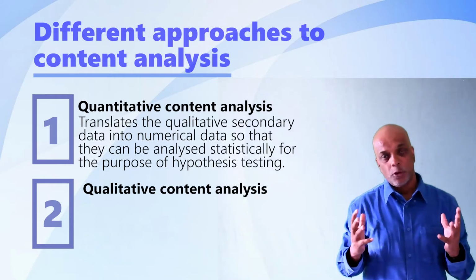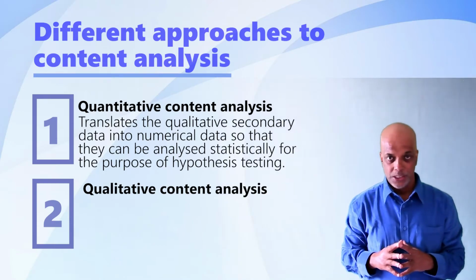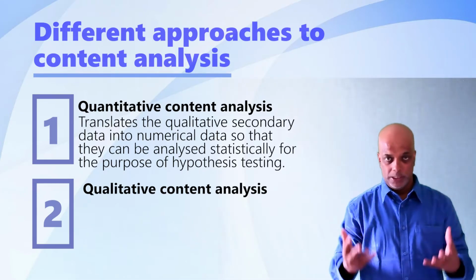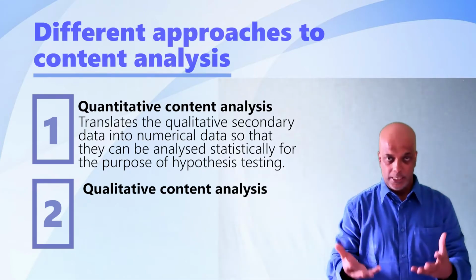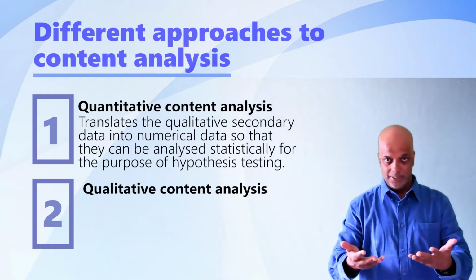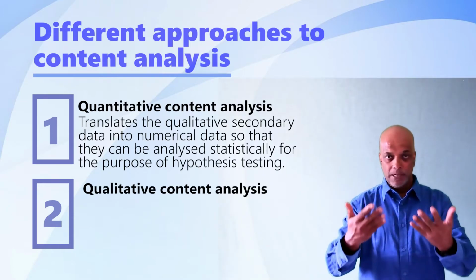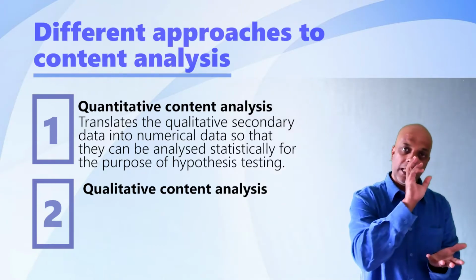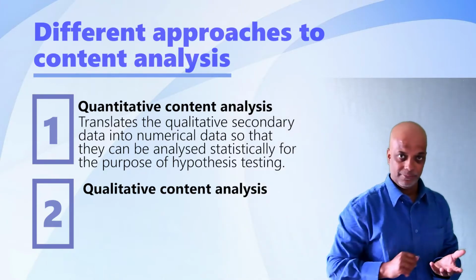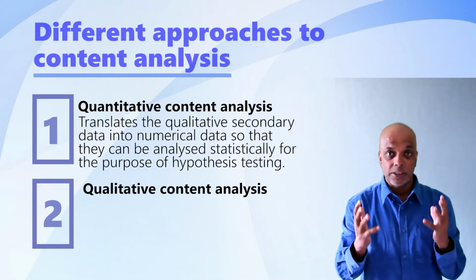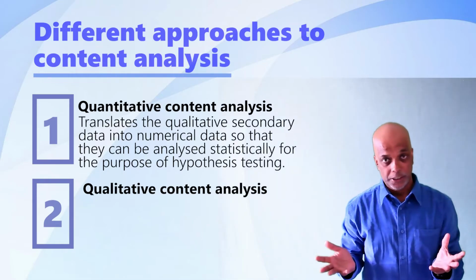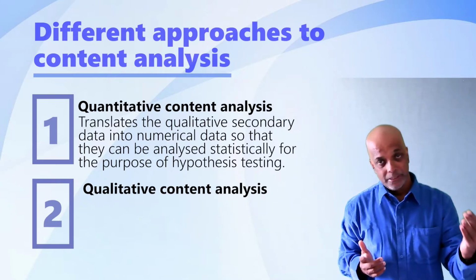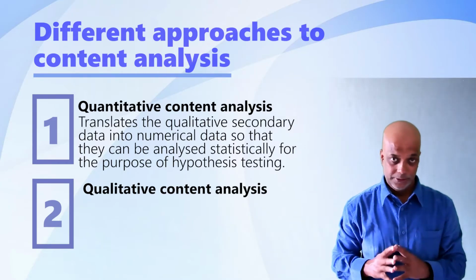Now, if you are a positivistic researcher, if you are a quantitative researcher, you would normally advance or explain your argument on the basis of testing a set of hypotheses. That's what we call positivistic research tradition or doctrines. The knowledge is established by testing hypotheses.